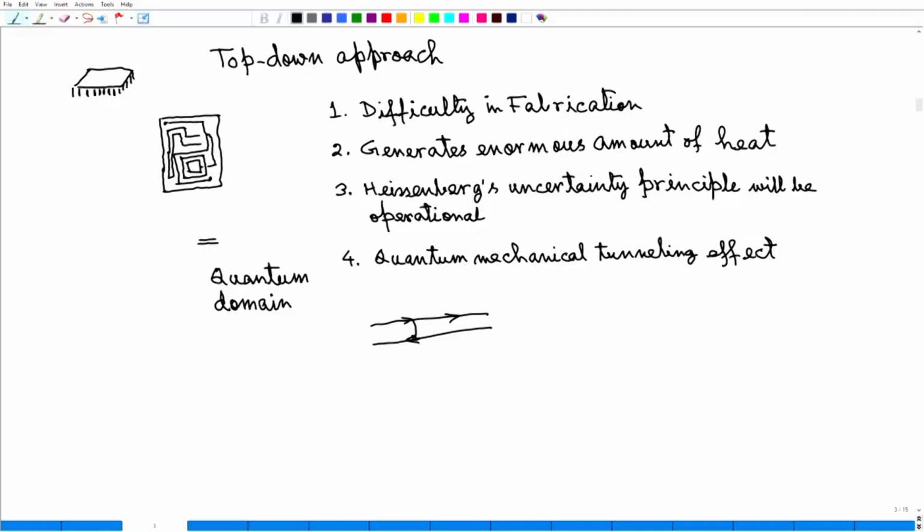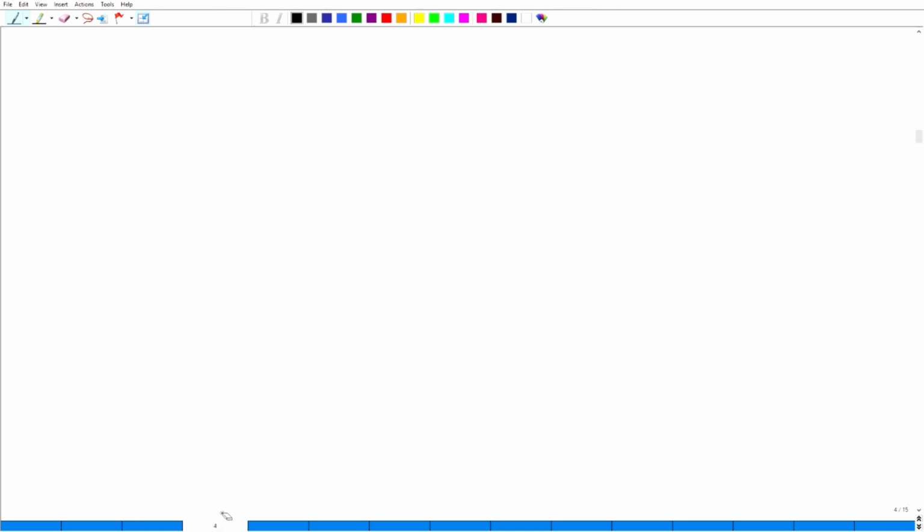Therefore, a physicist called Richard Feynman. Richard Feynman was a physics professor, he is no more. He was very smart.